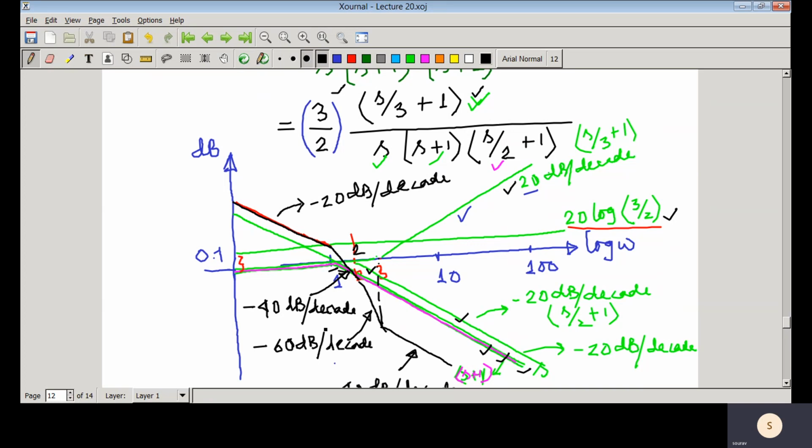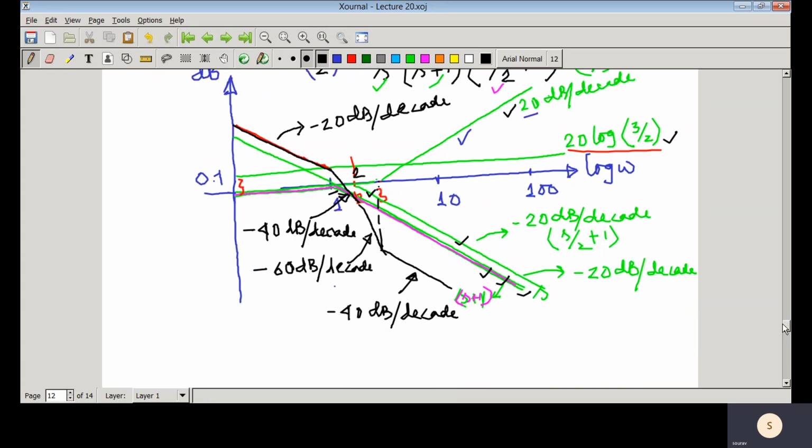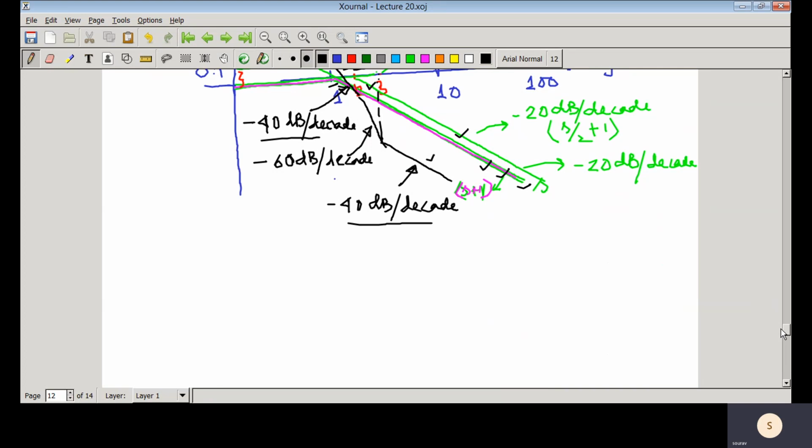So here that would be -40 dB per decade up to 2, and from 2 to 3 it would be -60 dB per decade, and after 3 it would be again -40 dB per decade. So that slope and these slopes, they will be same, but in the picture they look different. So that's why I have pointed out that this is -40 dB per decade and -40 dB per decade. If we can draw it perfectly, then that is fine. Otherwise there is no problem if you mention that this is that slope with -40 dB per decade.